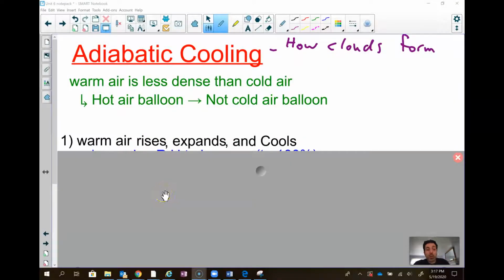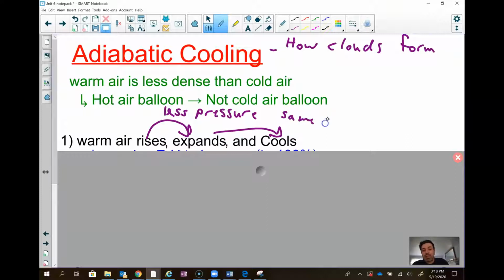Okay, so the warm air rises. If it rises, there's now less pressure, and I'm going to put here less pressure. Well, if there's less pressure, like I said, it will expand. And if it expands, that heat is now spread over a larger area, so the temperature drops.